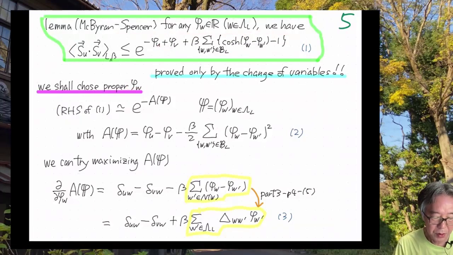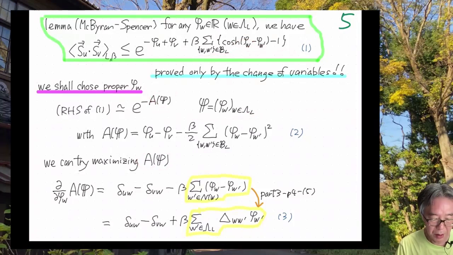Now, I write the right-hand side of (1) like this, where A(phi) is this. This is actually not exactly the same as this, but if this difference is small, and if you Taylor expand, then this becomes like this. And then I want to try maximizing A(phi) because maximum A(phi) gives you the best upper bound.